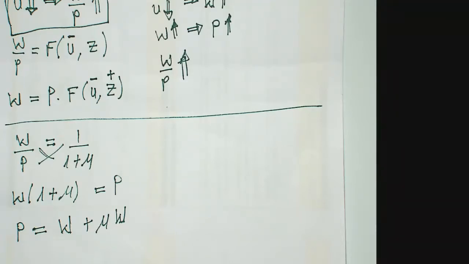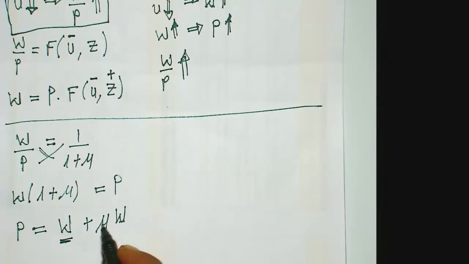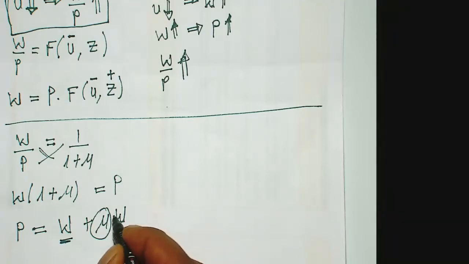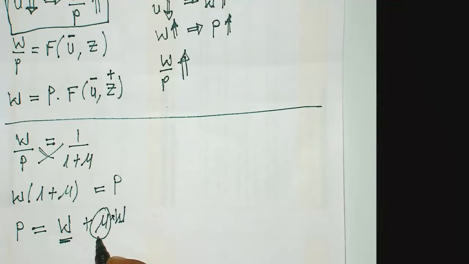When they are setting price, they would consider what wage they have paid for their employees, W, and they would have some sort of markup, which is represented by mu in our formula, which is multiplied with the wage.